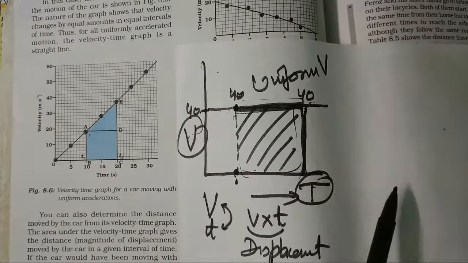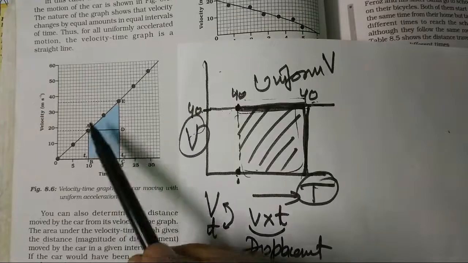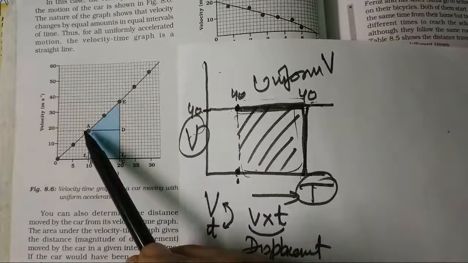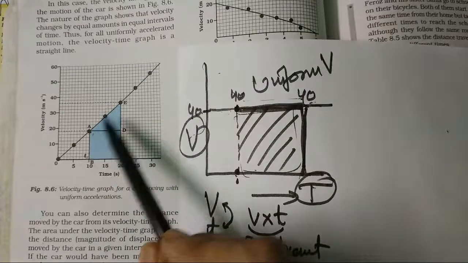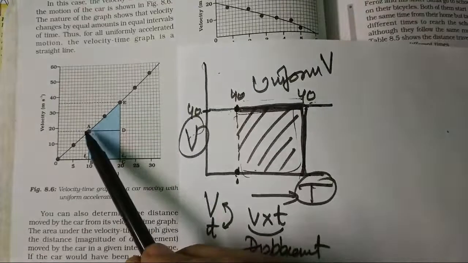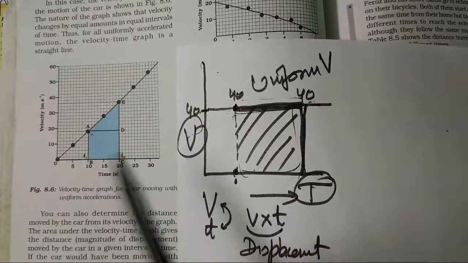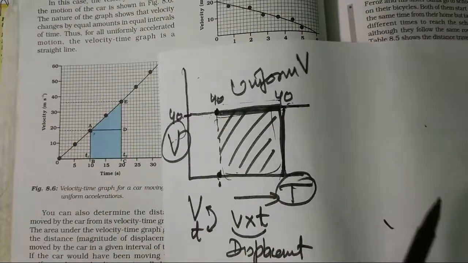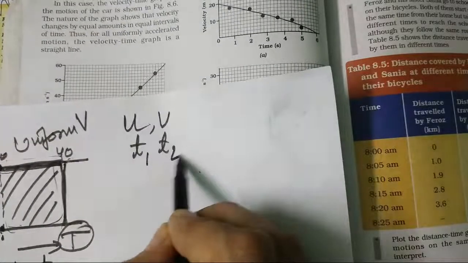So if we assume that this is the starting velocity and this is the final velocity, then initial velocity and final velocity, I am assuming that you know what initial and final velocity are. So if initial and final velocities are given and times are given, you will work according to the equation of motion, you will take u, and you know v also, and you know the initial time and the final time.